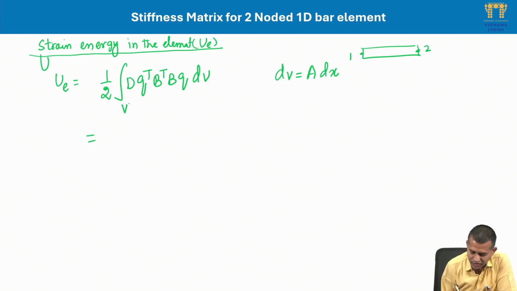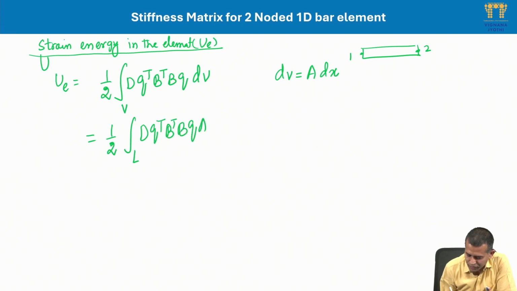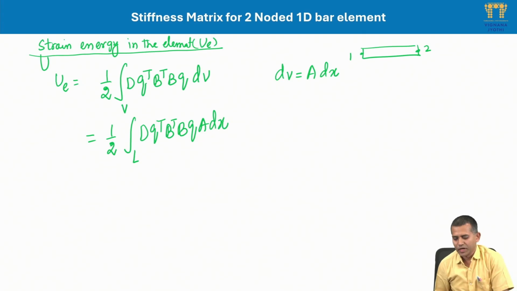Then I can convert this volume integral into an integral over the length of this element. So I can write this expression as the integral over the length of dq transpose B transpose B into q into A into dx, where A is the cross sectional area, and I already told in the previous class that within this element the cross section is the same, so it is constant over the element, right?